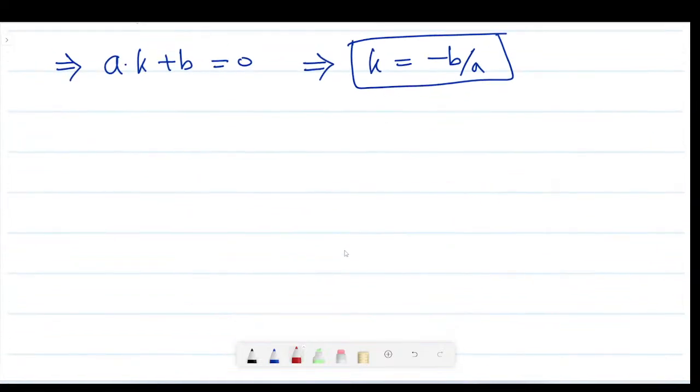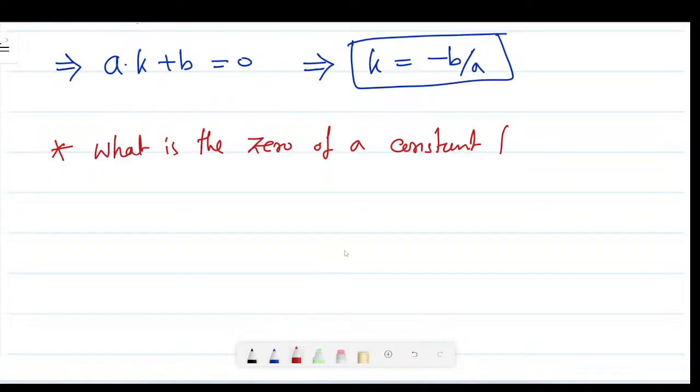Now my next topic is what is the zero of a constant polynomial. Listen, constant polynomial means there is no term of x.